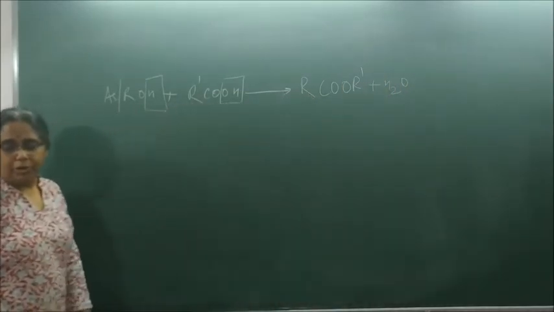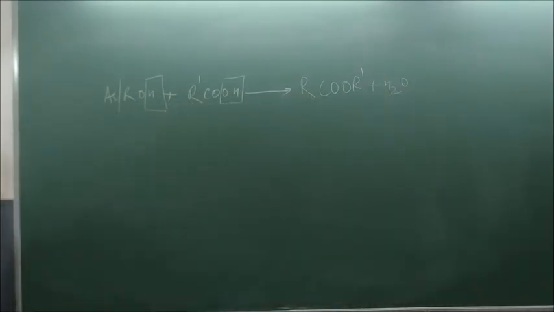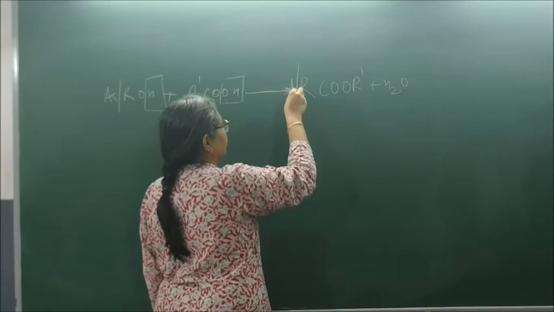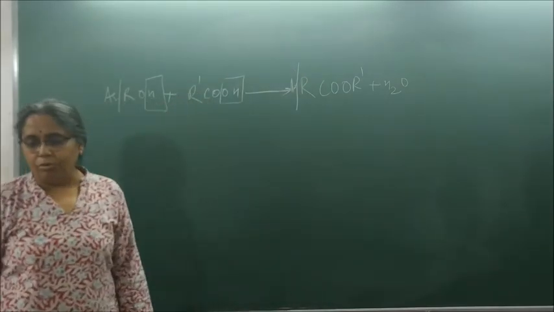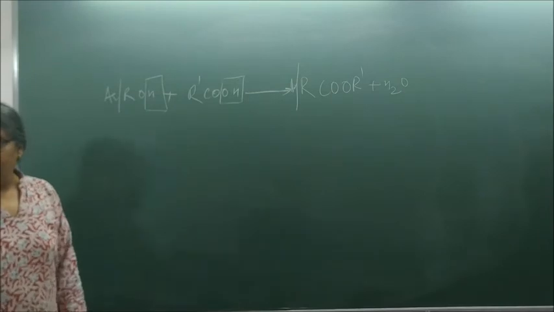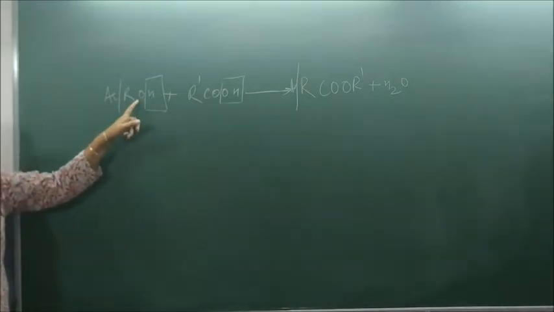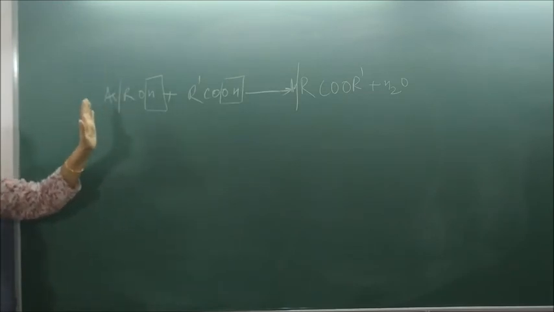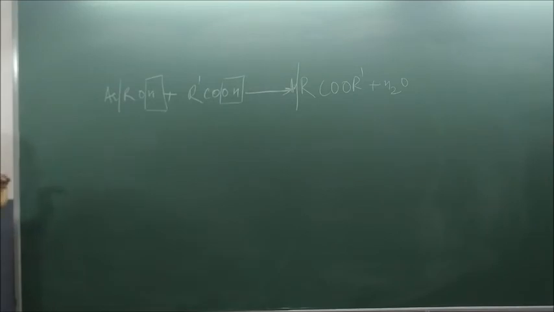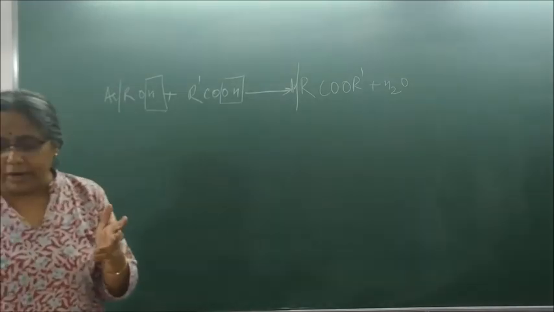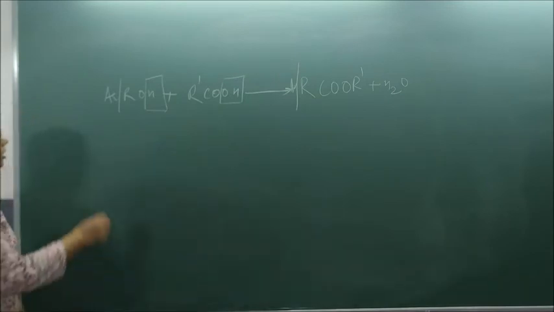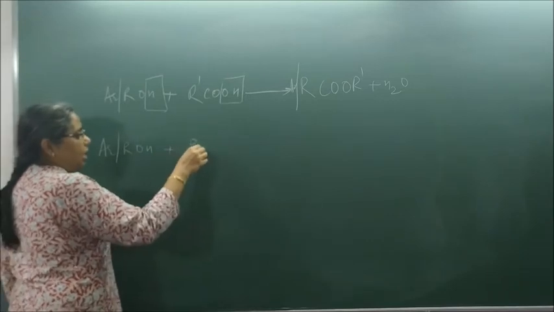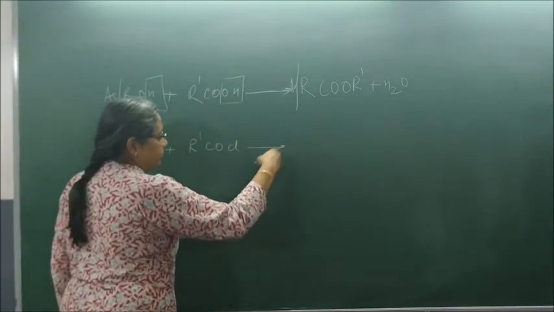Understood what I am talking about? Here you can write it as ArCOOR dash plus H2O. Always remember, you should never remove OH from the alcohol, because we are only specifying breaking of the OH bond. Next is the reaction of alcohol with acetic anhydride or with acid halide. So let us make it ArOH plus R dash COCl. I am taking chloride.